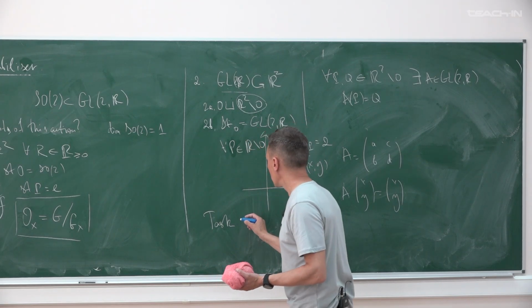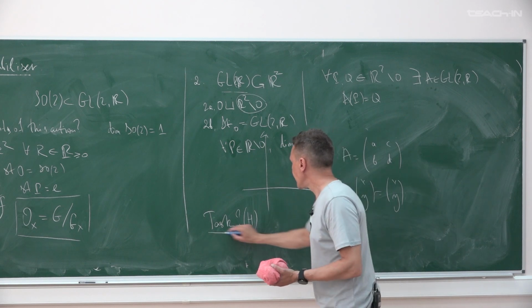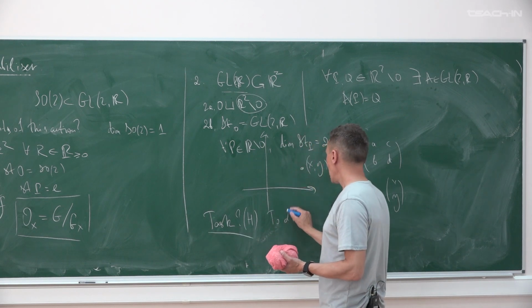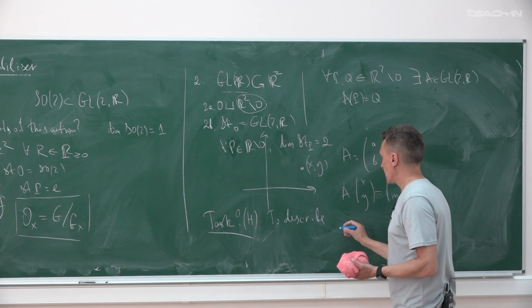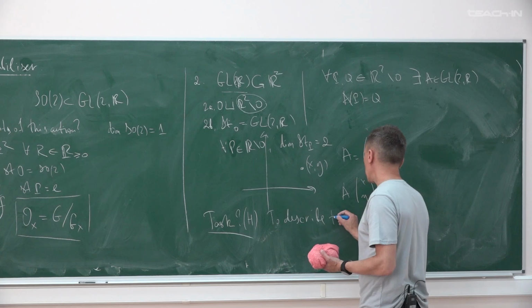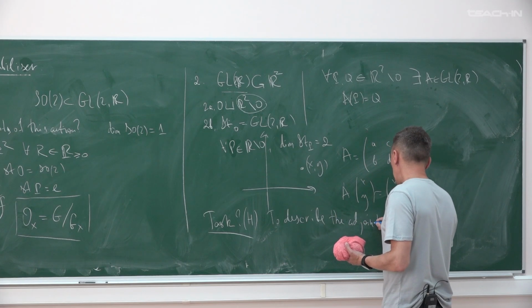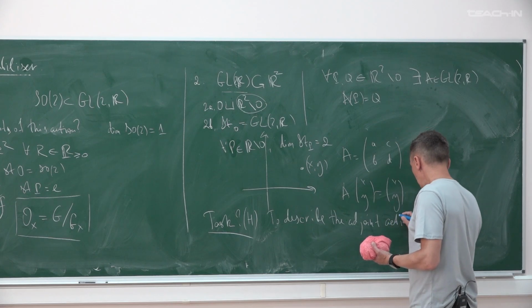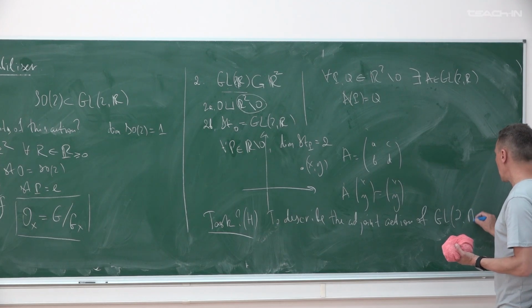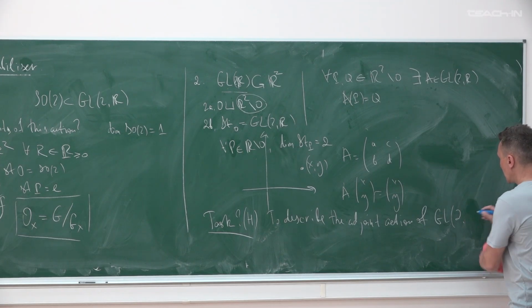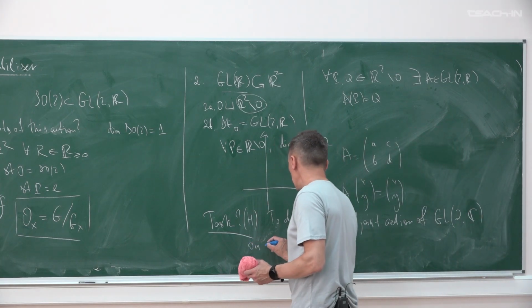I don't remember the number, but it is also for the homework: to describe the adjoint action of GL2(R), or C, on itself.